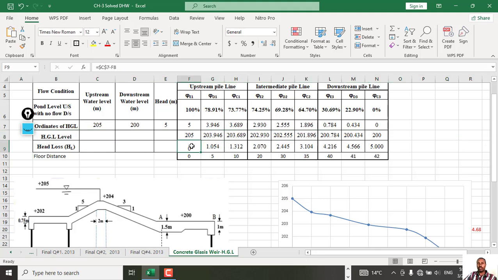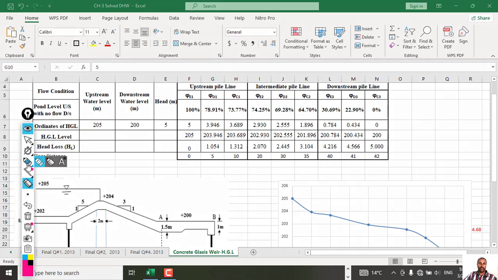Then the head loss: at the beginning there is no head loss, then from this 205 you subtract the level at this point d1. The hydraulic grade line below this level will be computed.